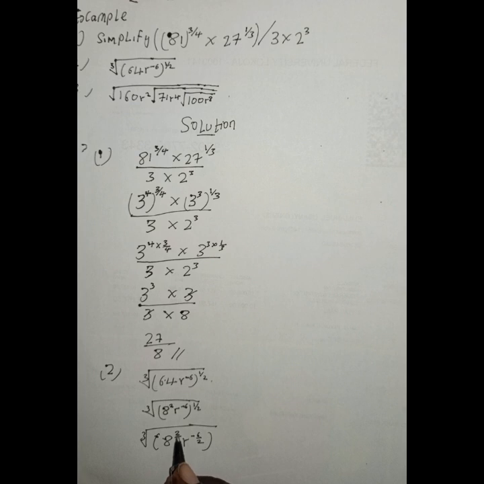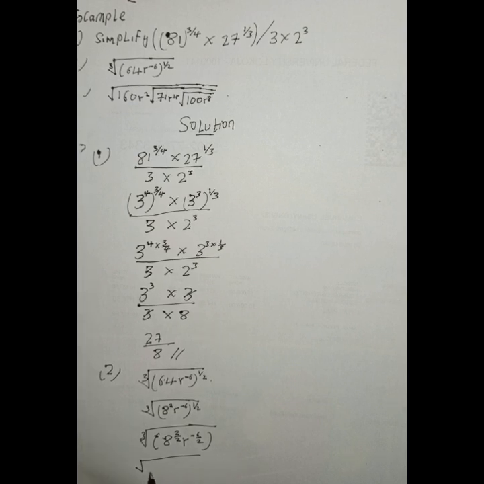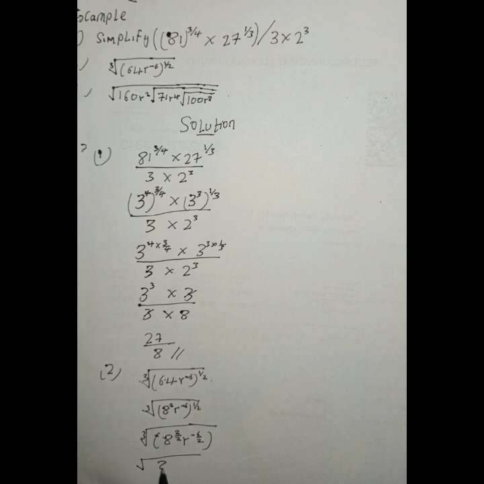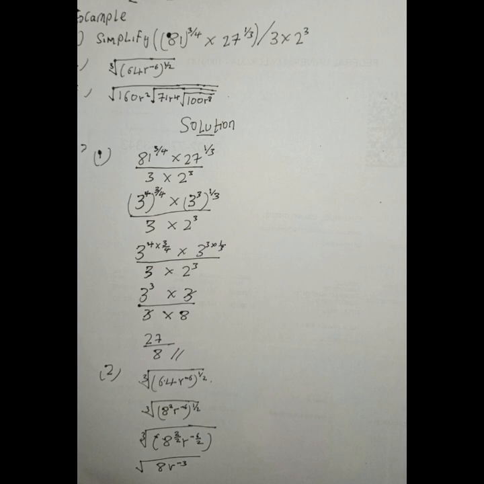Now 2 can cancel 2, so I'll be left with the cube root of 8 raised to, there's no more power, 2 divided by 2, 1. There's no need to write 1 there, so I have r raised to the power of minus 3. So I'm left with r raised to the power of minus 3. Now, since I have this left, I can rewrite this.